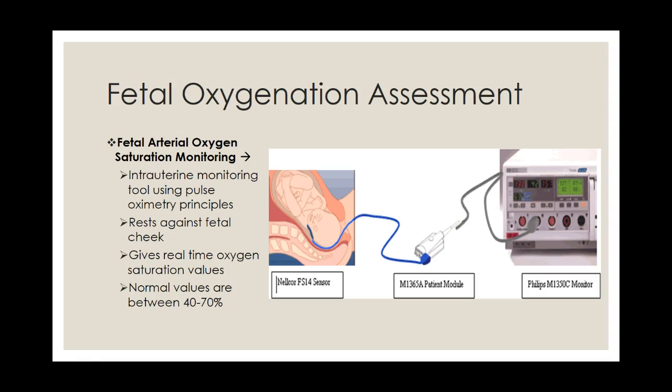It rests against the fetal cheek, and it gives a real-time oxygen saturation reading for the fetus. Normal values for a fetus are anywhere between 40 and 70%. So we are not looking for 90 to 100% in a fetus. We're looking for something between 40 and 70.